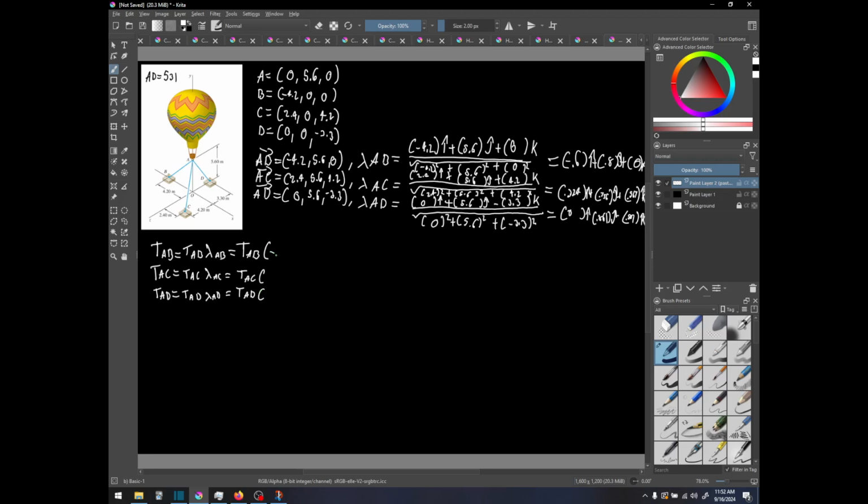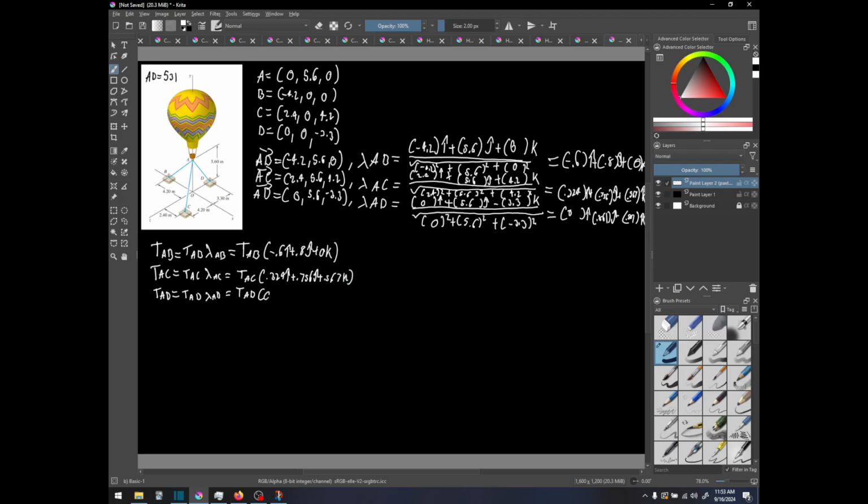This would be negative 0.6 I hat plus 0.8 j hat plus 0 k hat. This would be 0.324 I hat plus 0.756 j hat plus 0.567 k hat.